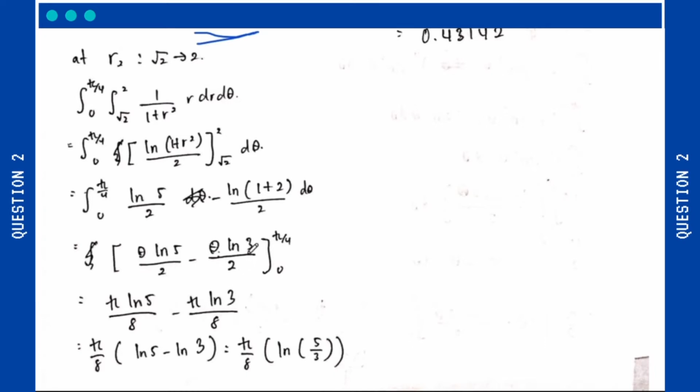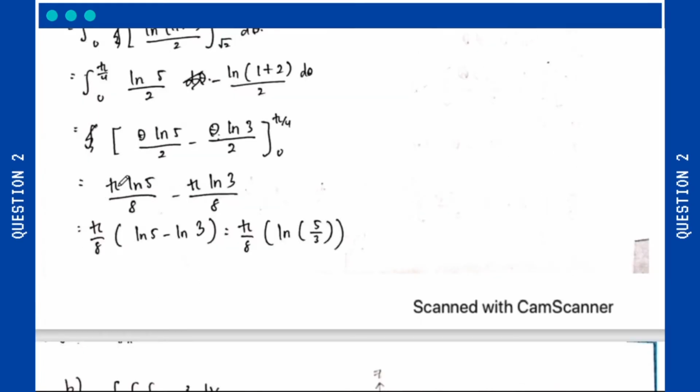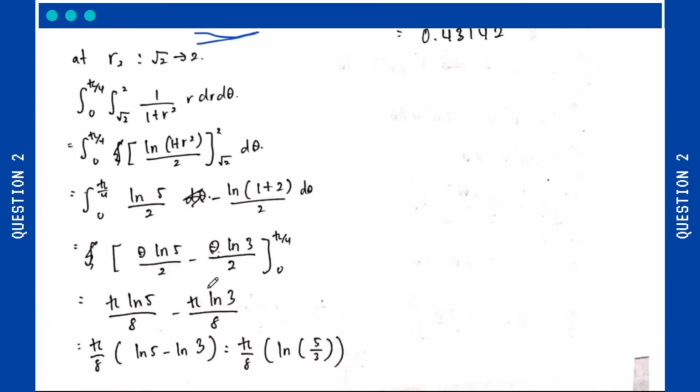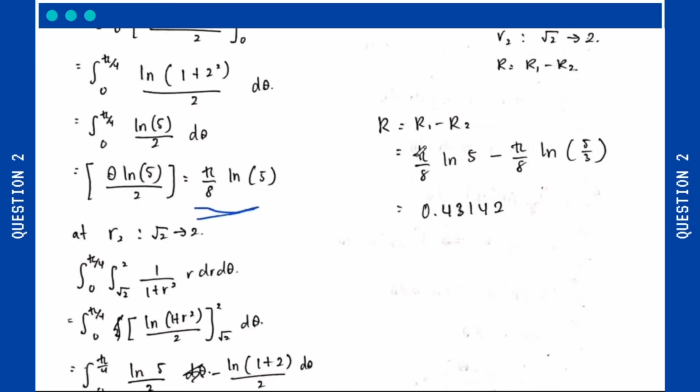We got theta ln 5 over 2 minus theta ln 3 over 2, and this is for R2. Then to find R, the region R is equal to R1 minus R2, and we got this one. R1 minus R2, we got this, and this is the answer.